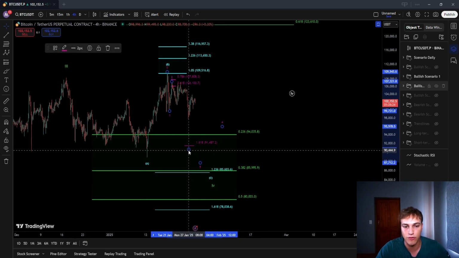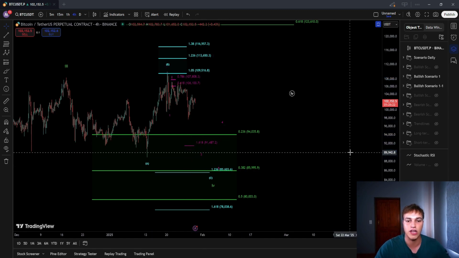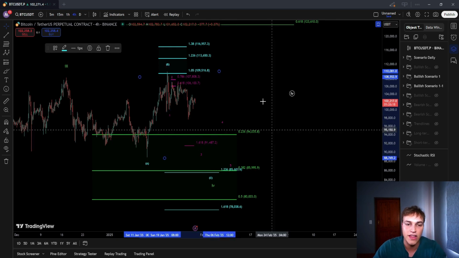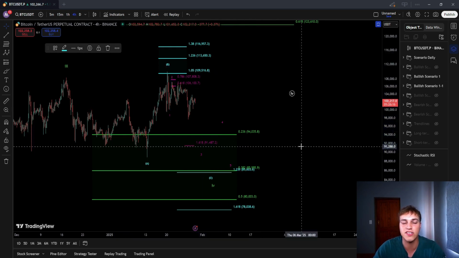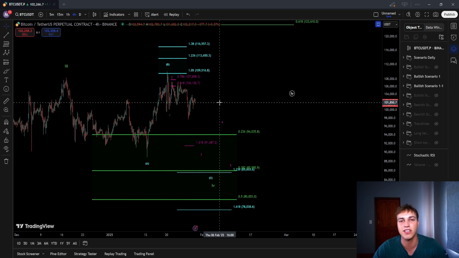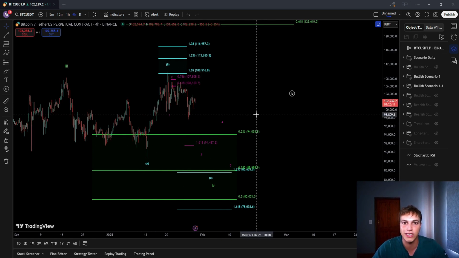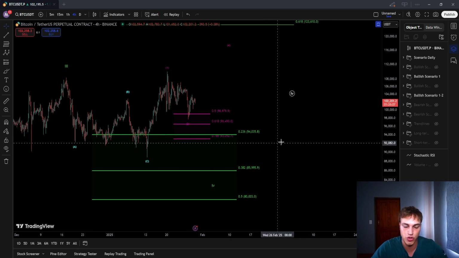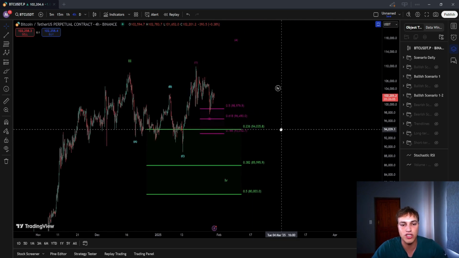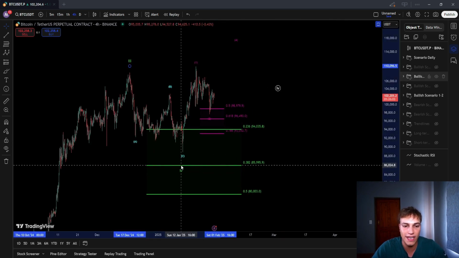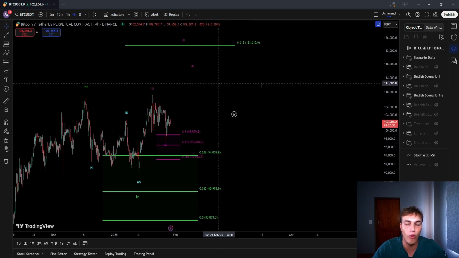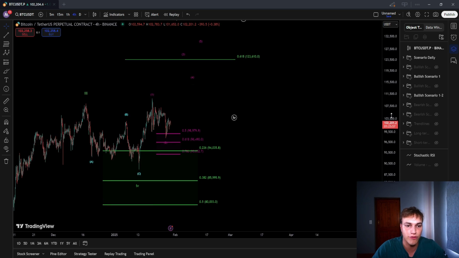But we can actually move this quite a bit to the side now as price is going quite sideways. So the more price ranges sideways in this area, the less likely this scenario is to occur. And the more likely this scenario is to occur: the possible finished wave 4 in green, and now we are looking for that 5 wave move towards the upside.